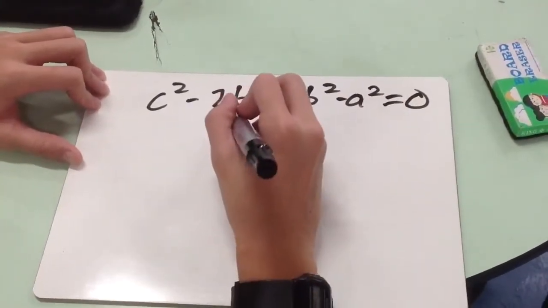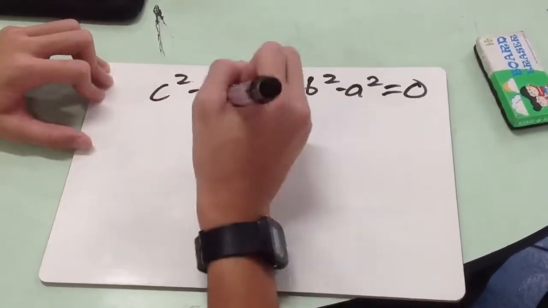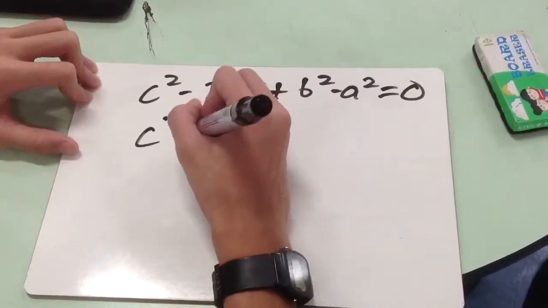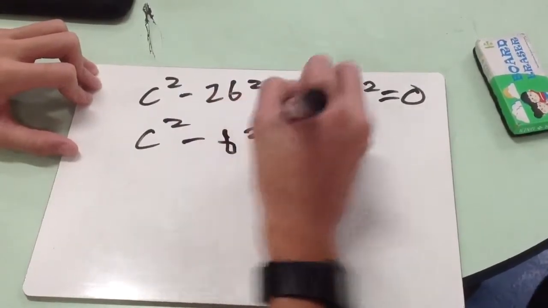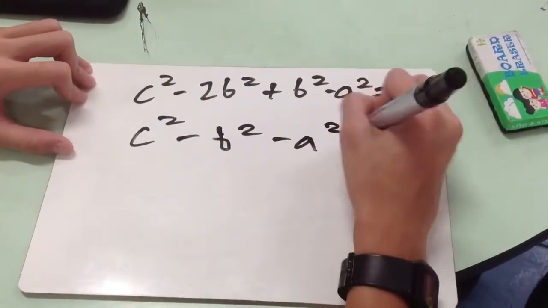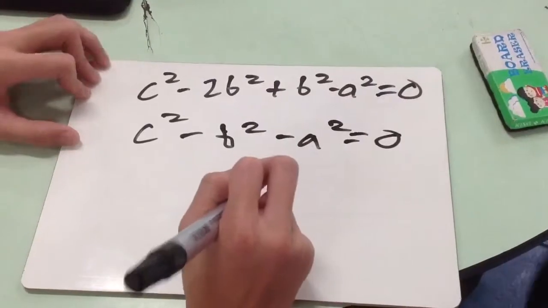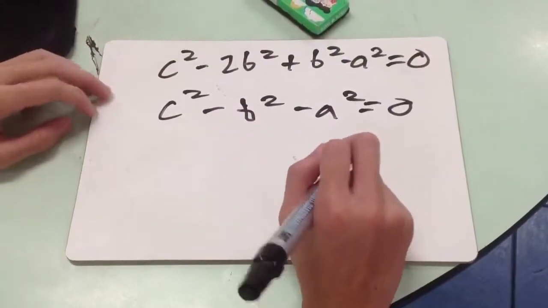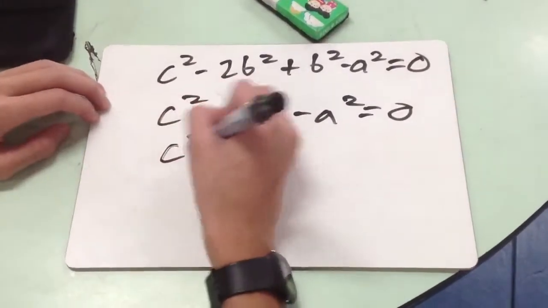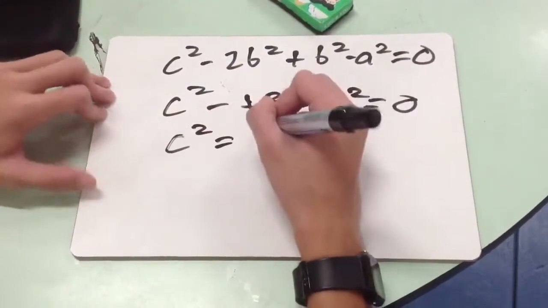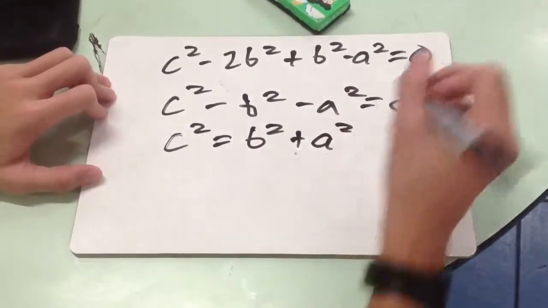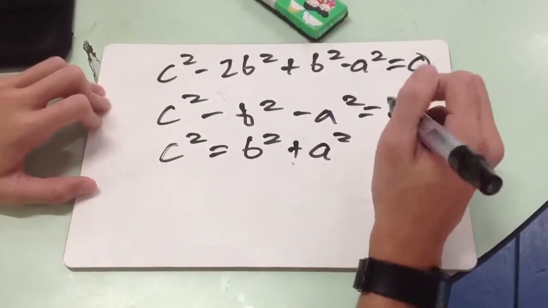b squared can be subtracted. So we get c squared minus b squared minus a squared equaling 0. Don't these look familiar? Remember that the Pythagorean theorem is c squared equaling b squared plus a squared. We can do that too with this equation.